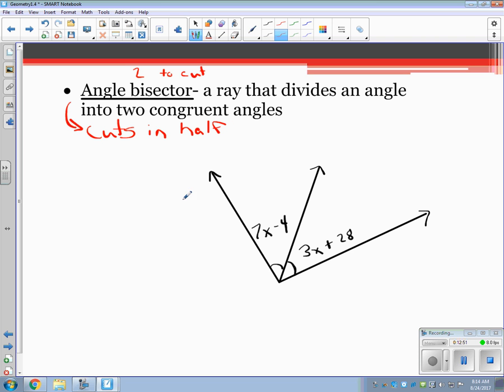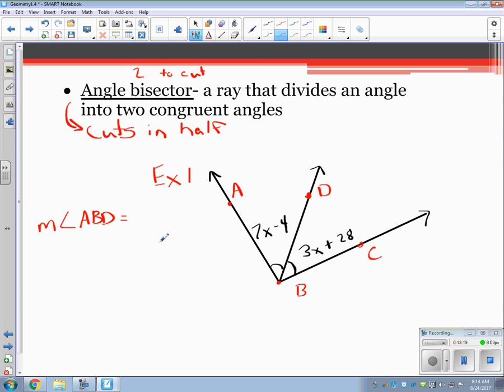So in this example here, I get to draw and label it. I've already marked that these two angles are the same. So my question is, let me put some letters here. Let's say that's A, D, that's C, and that's B. So I want to know the measure of angle ABD.